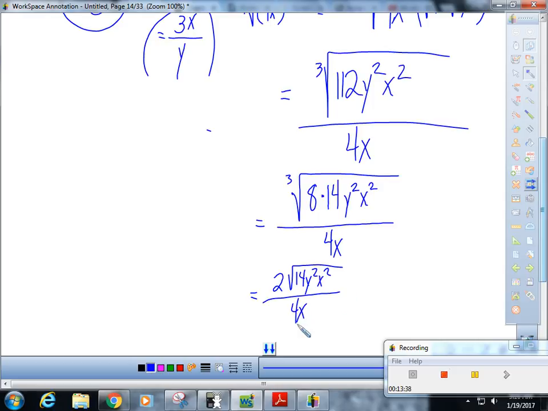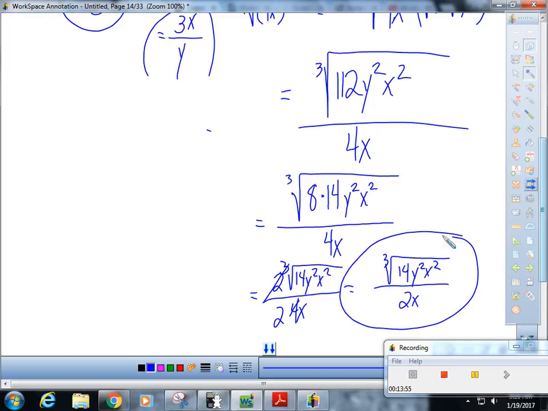And we did all that so we could just cancel that 2 and make that a 2. And you end up getting cube root. These are always cube roots. 14 y squared x squared all over 2x. And I would have to guess, at best, that's a bonus. So don't sweat it, okay?